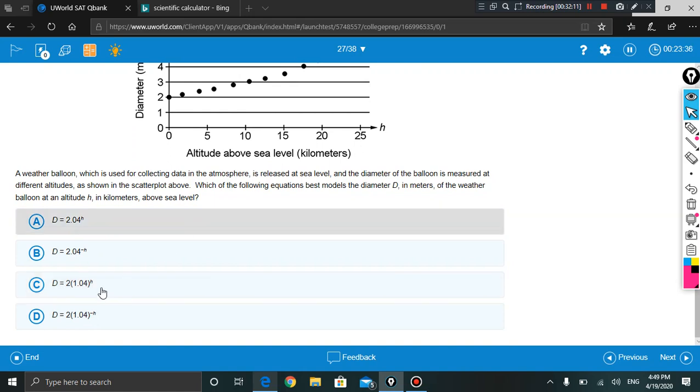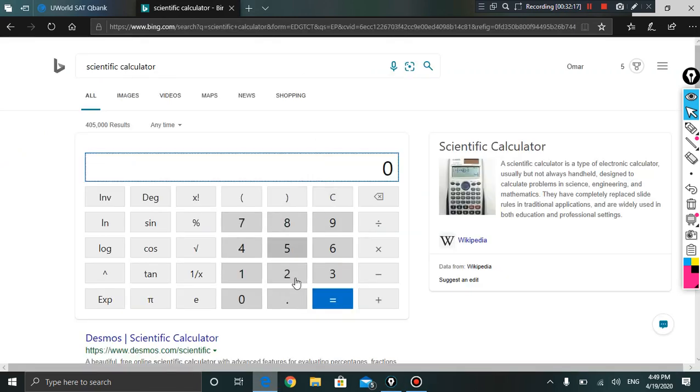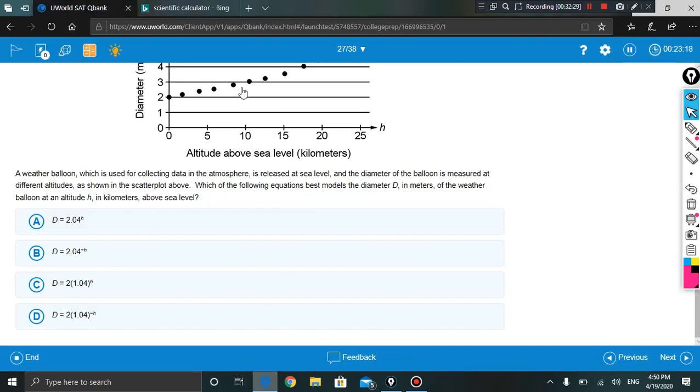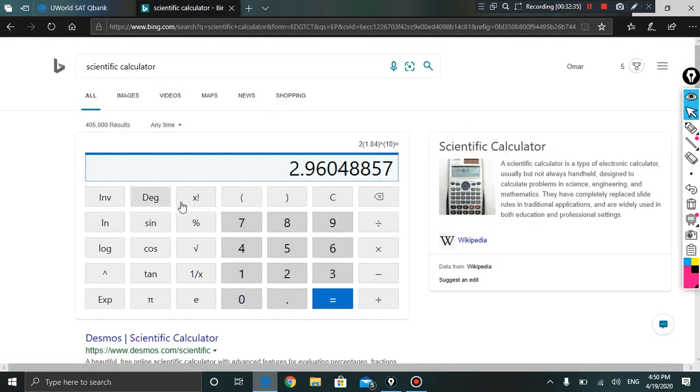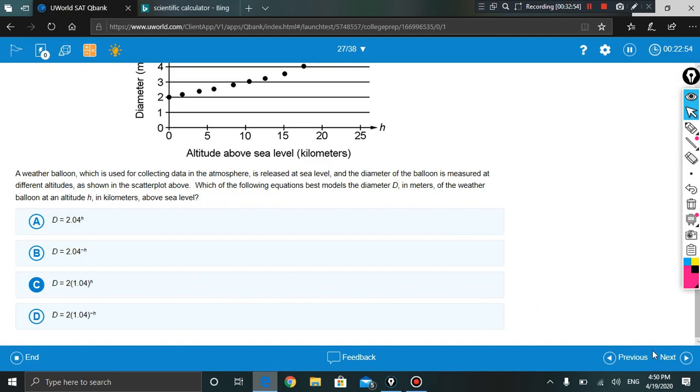Let's try putting 10, for example. 2 times 1.04 to the power of 10 is 2.9, which is roughly 3. I guess that's the one. If it's to the power of negative 10, that would be different. Let's try this out. That's way different. So the answer is C.